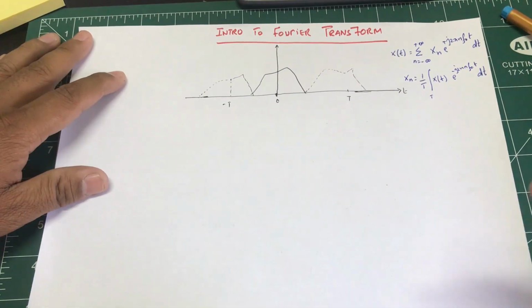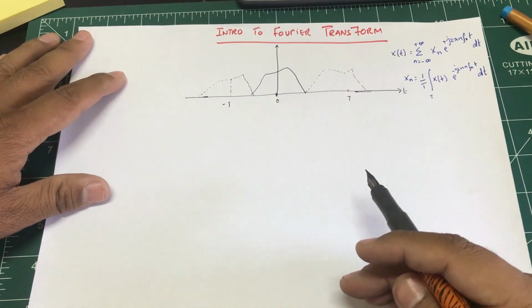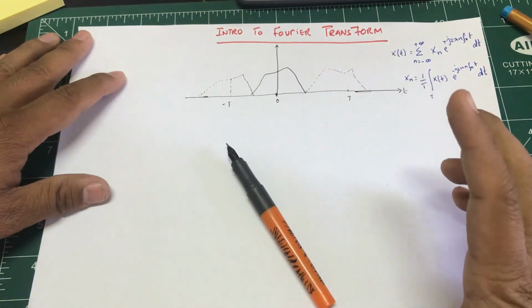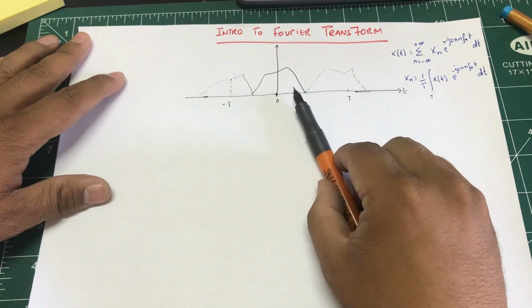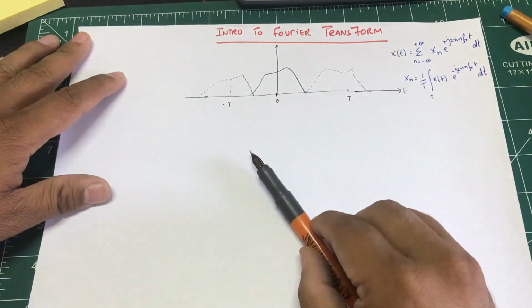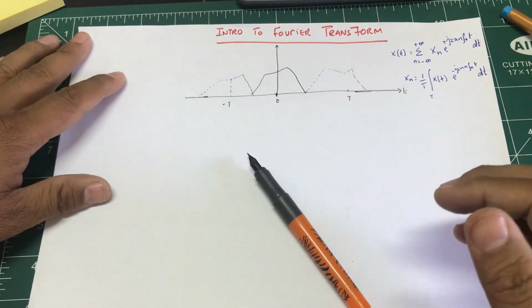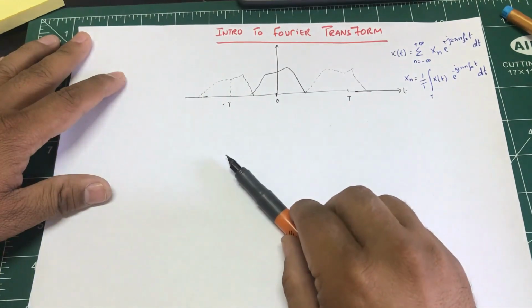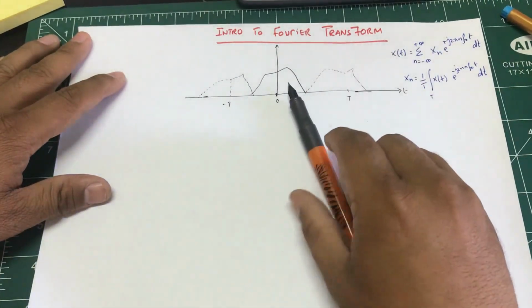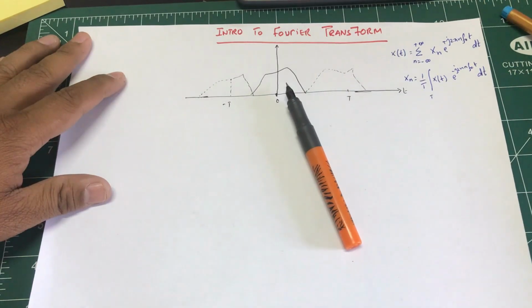All right, so we're going to consider a few things. First, we're going to assume that I have a signal which is like this. This aperiodic signal, which means it's a non-repeating signal, we're going to assume it repeats itself after a very, very long time.